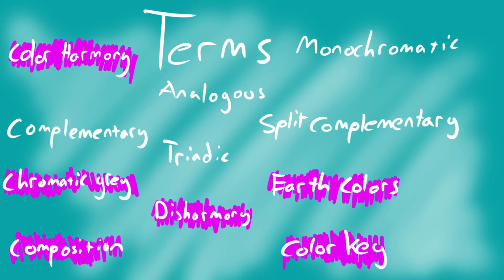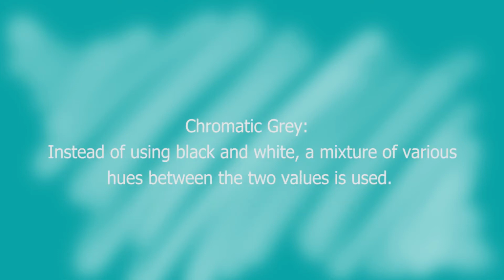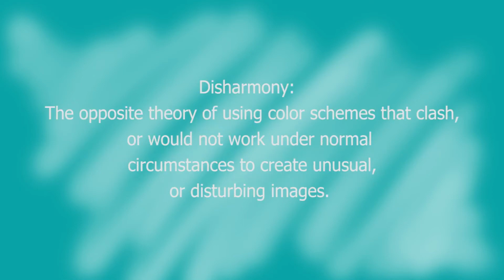We have 6 terms to define this week, starting with color harmony, the theory of how colors relate to each other and how certain combinations can be used to varying effects. Chromatic gray, instead of using black and white, a mixture of various hues between the two values is used. Earth colors, color that tends to be found in soil or other warm and natural colors, hence the name earth.